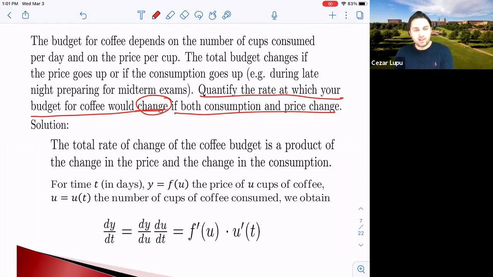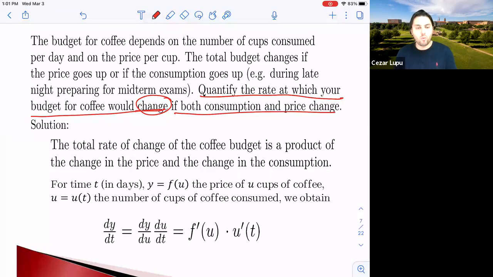So let's see, the total rate of change of the coffee budget is a product of the change in the price and the change in the consumption. So you see, you have two functions here. So let's identify these two functions for time t, and we take this time t, let's say in days.